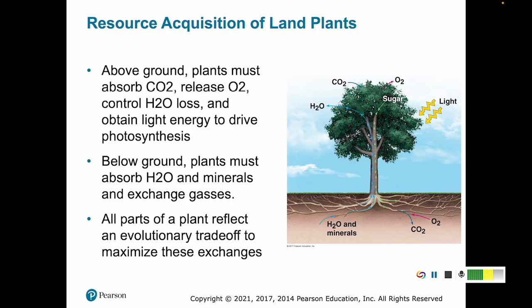In the below ground world, plants are having to absorb water and minerals and exchange gases. And so the structures and parts of a plant are going to reflect this sort of evolutionary trade-off to get the most out of those exchanges, to be able to get the most of the resources and lose as little as possible in those exchanges.